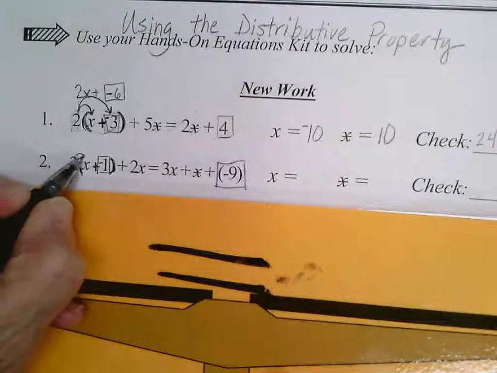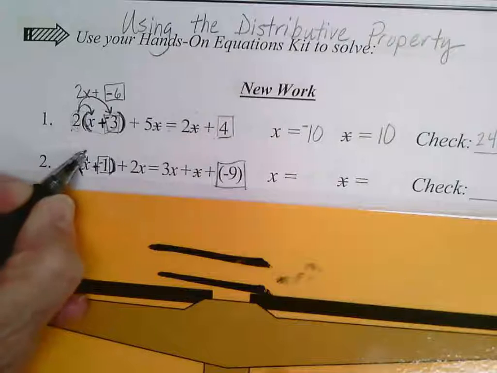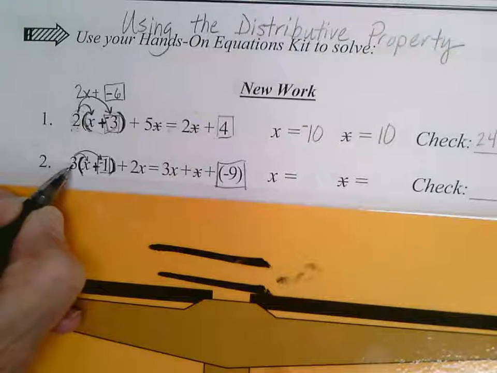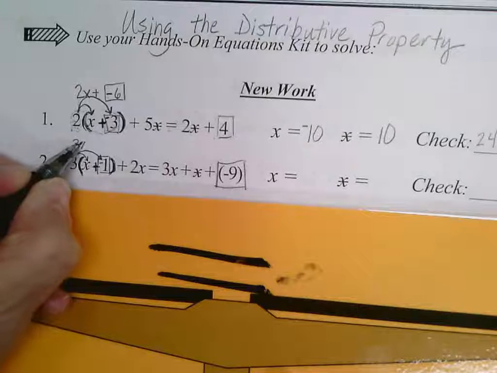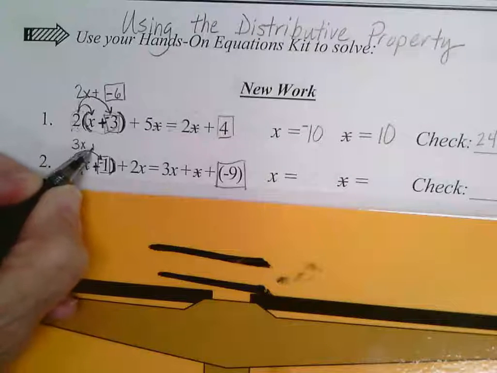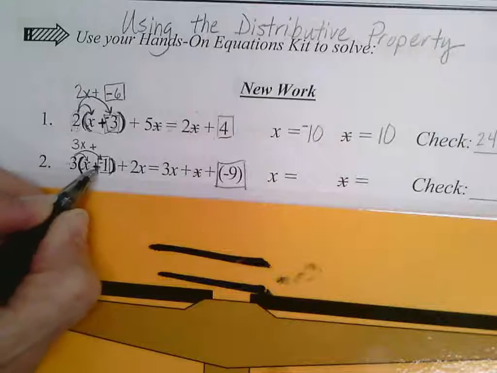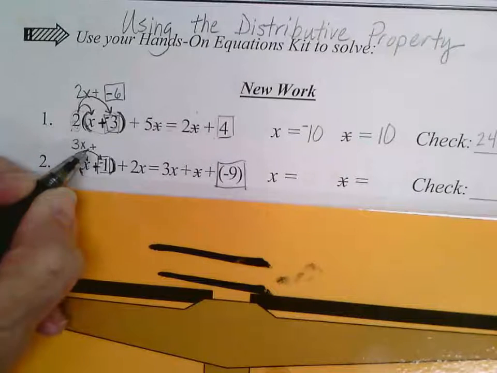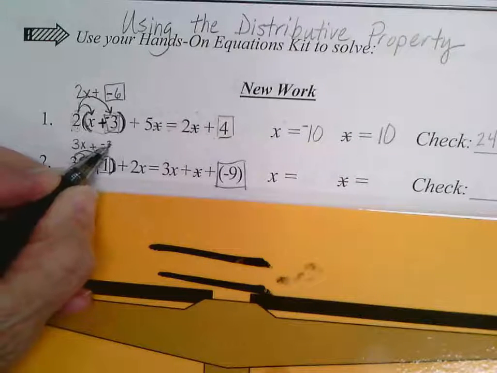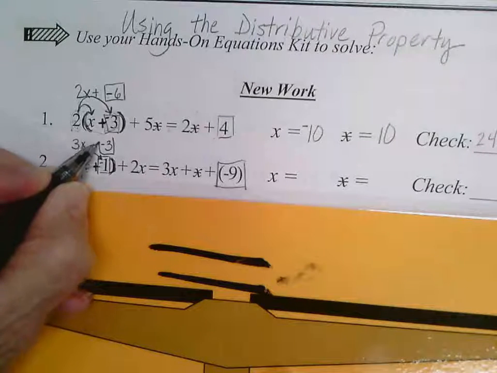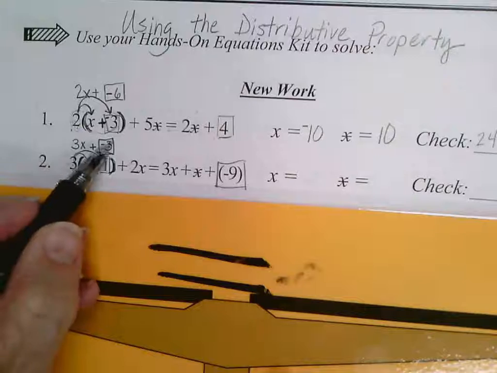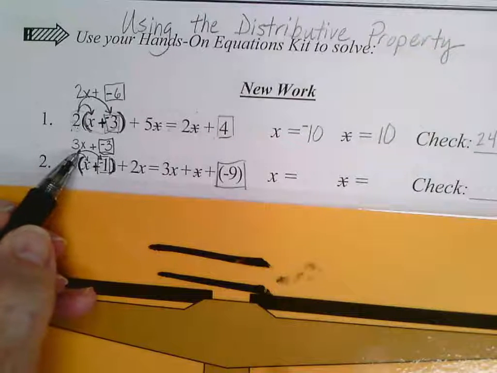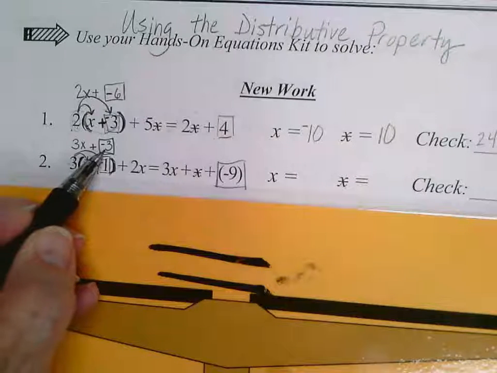And to write this out, it would be 3 times x, which would be 3 x's, plus 3 times -1 is going to be -3. And that's still a block. So this part of the equation simplifies to 3x plus -3.